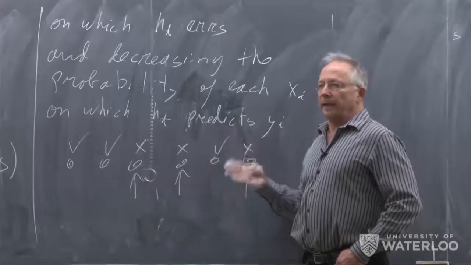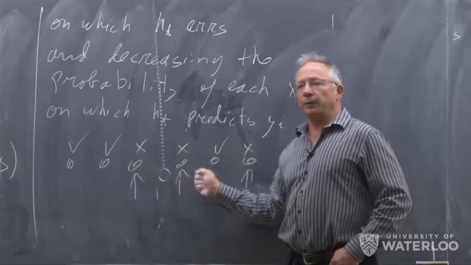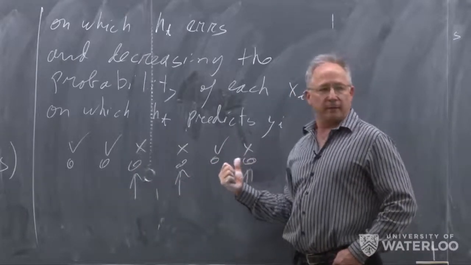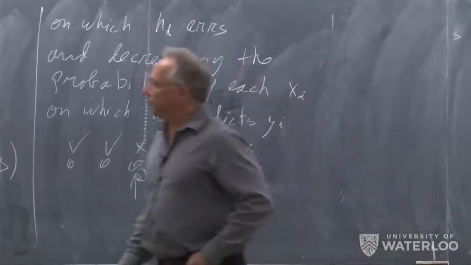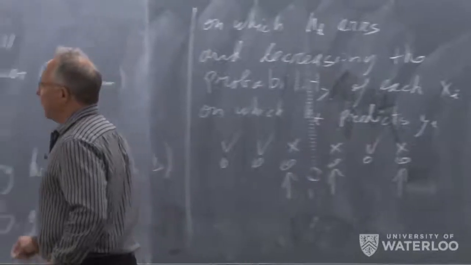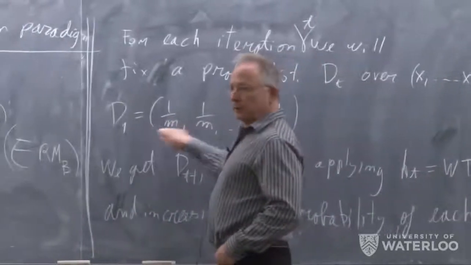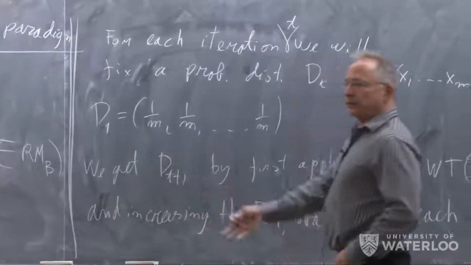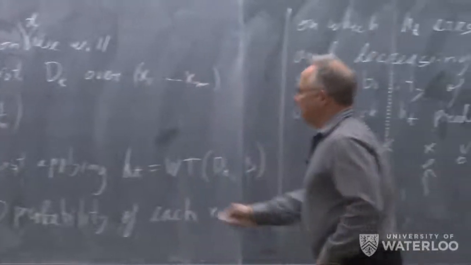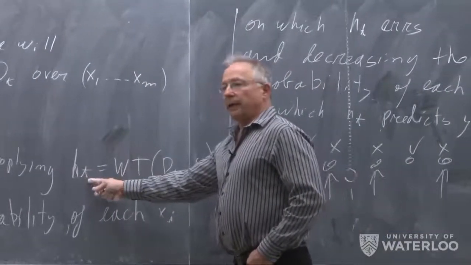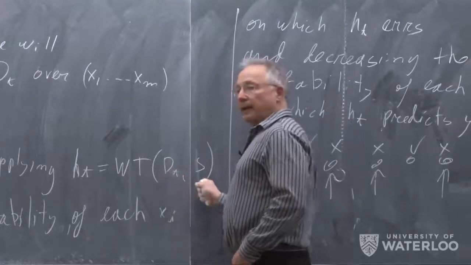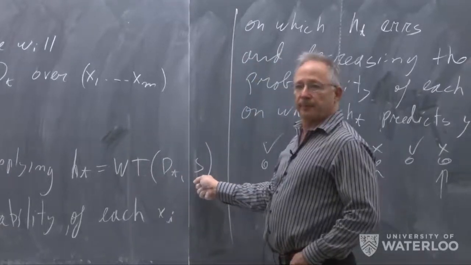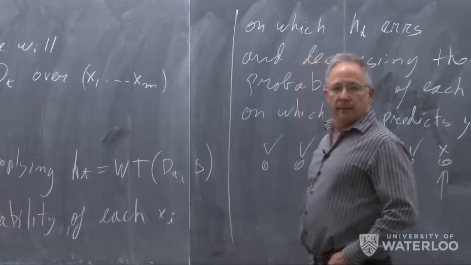So the new h should be correct on the points where the previous h made a mistake. And this way we keep iterating. Each time we update the probability distribution, feed it to the weak teacher, and get a new hypothesis h_t, which is the weak teacher applied to the updated probability and the fixed sample all the time.